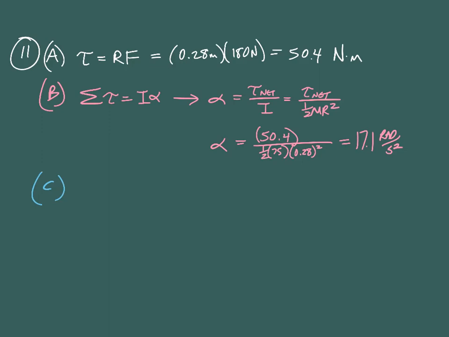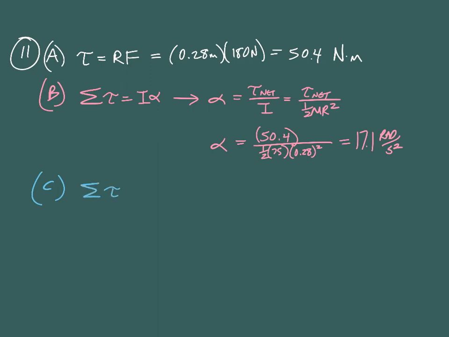C. What is the angular acceleration if there is an opposing frictional force of 20 newtons exerted at 1.5 centimeters radius from the axis? Here I still have to get to the sum of forces.